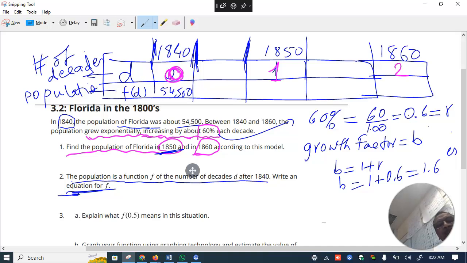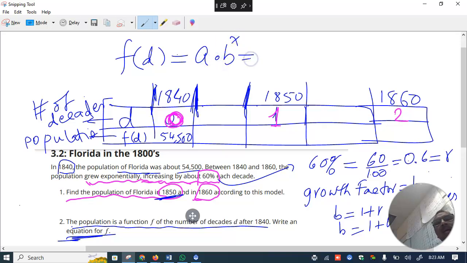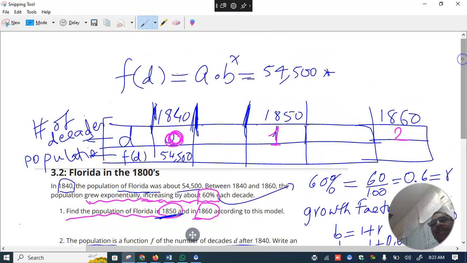So let's write a formula first: it is A times B raised to X. In the beginning, the population is 54,500. And then the B part, B is 1.6, so that goes right here, 1.6, and then raised to the X.